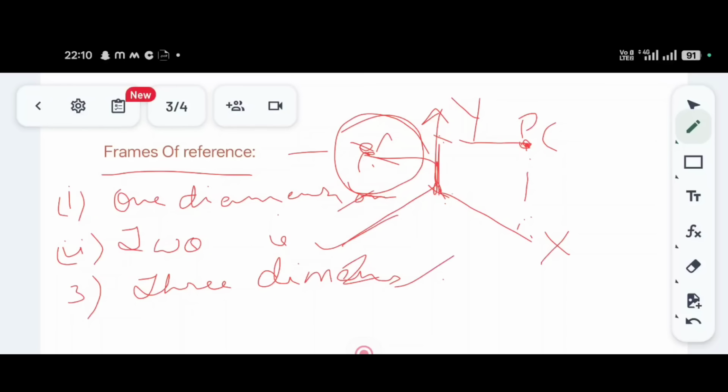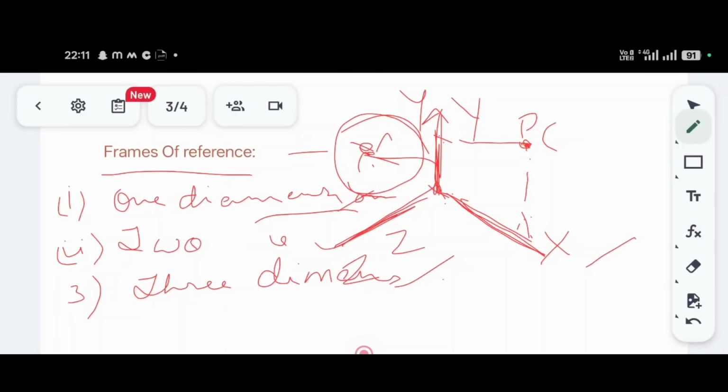One dimension is a body which moves along a straight line, either along x-axis, along y-axis, or along z-axis. Any one of the coordinates. Such motion or such frame of reference is known as the one dimension frame of reference.